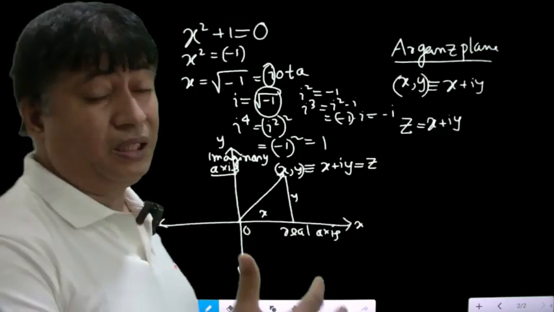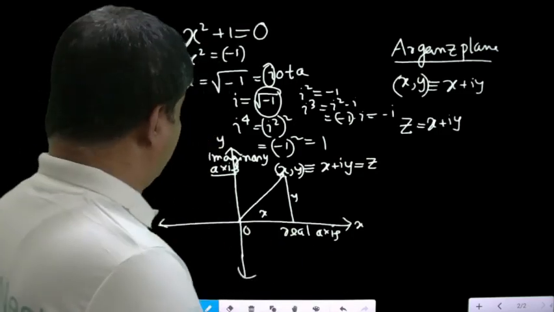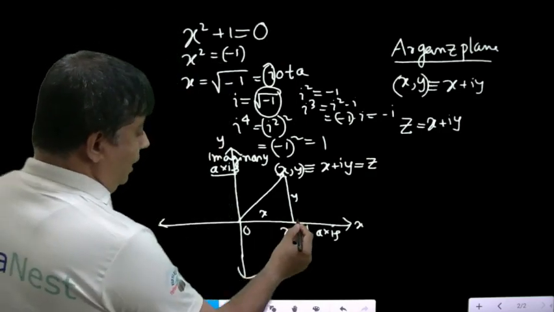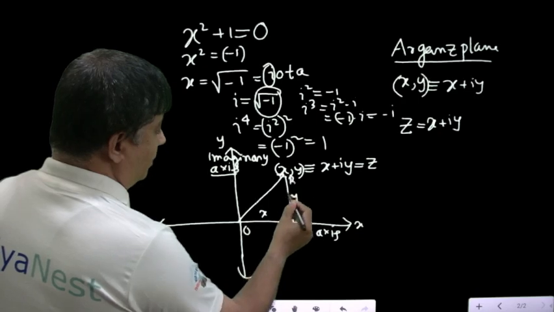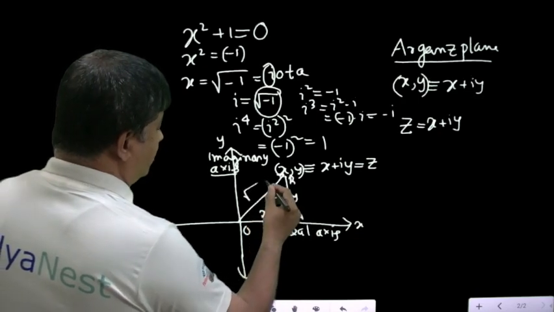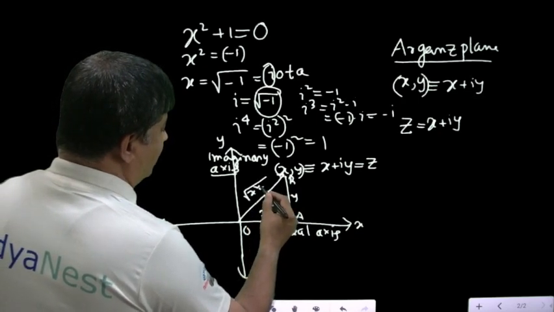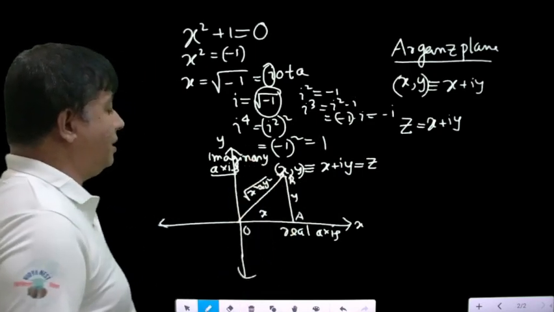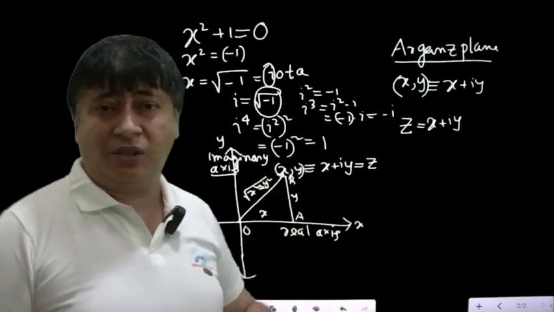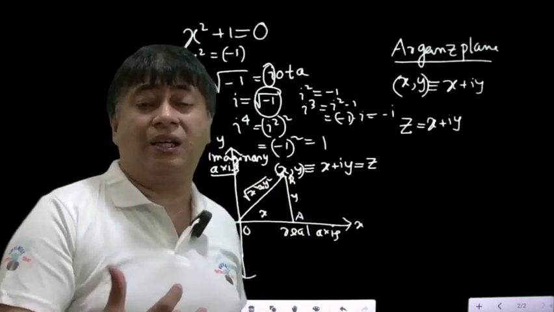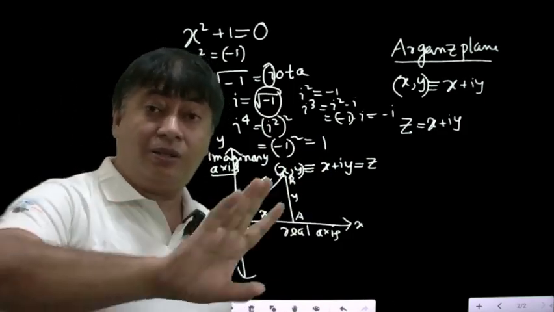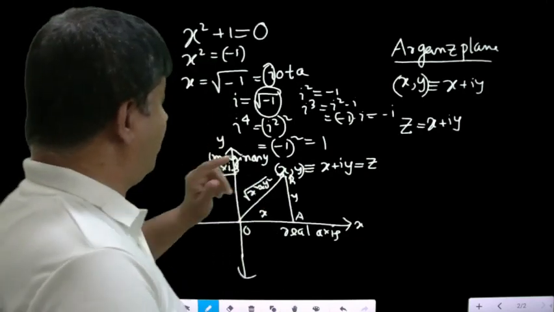From Pythagoras axioms, this is a, this is b, x, y, this is root of x square plus y square. In the real coordinate system, this is called hypotenuse. The same thing you will get in complex number, but with a different name. That is called modulus of z.